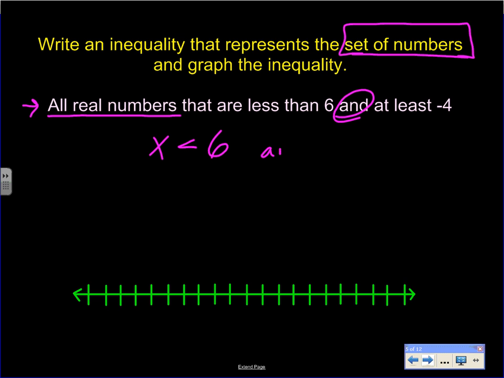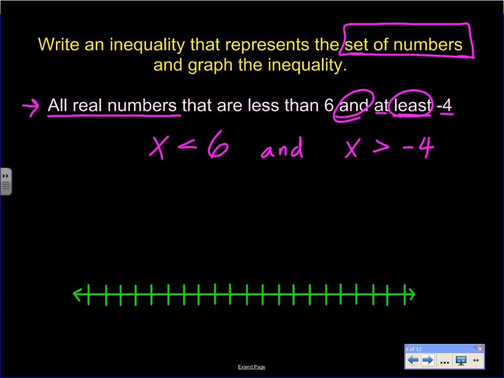and has to be at least -4. So if we think about this, if a number is at least -4, that means the smallest that this number can be will be -4.